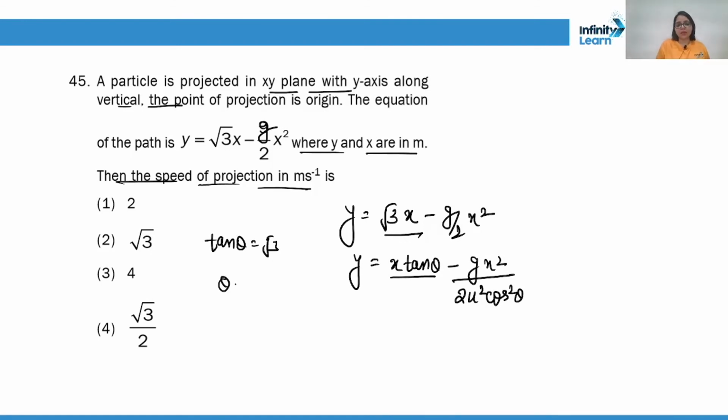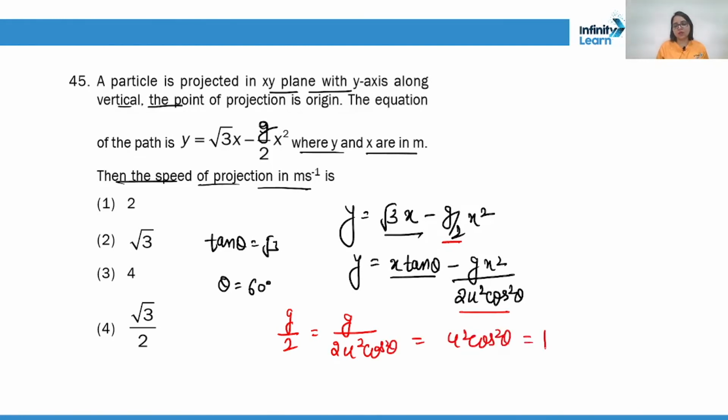So theta will be, tan theta is root 3 when theta is 60 degrees. Right. Now let's compare this term with this term. So we have g by 2 equal to g by 2 u square cos square theta. So u square cos square theta will be 1. Right.